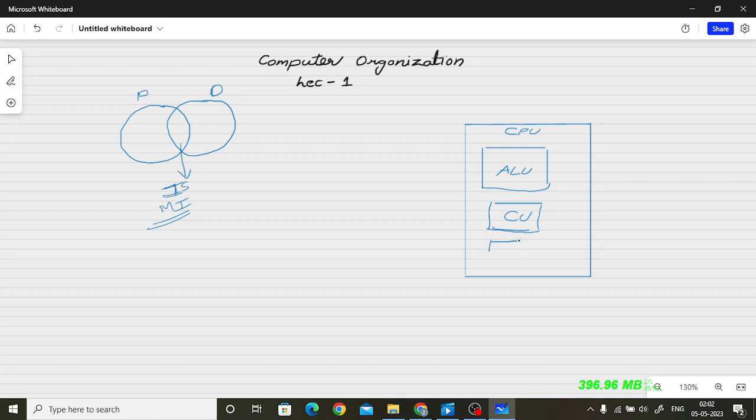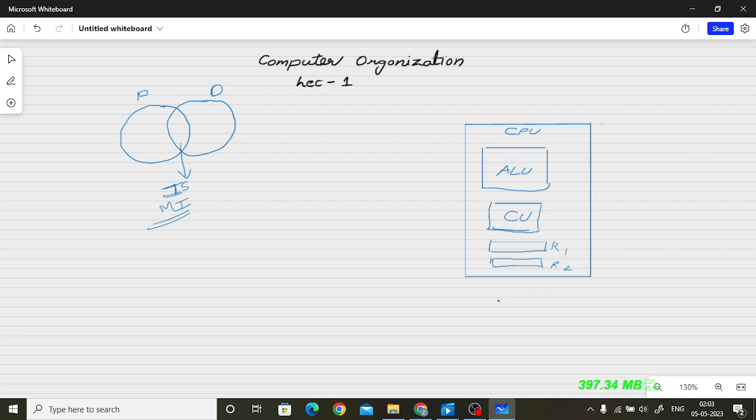So the data is moved from a memory to a register, and from that register the data is moved to the ALU in order to perform some required operations. There were registers R1, R2 and all.